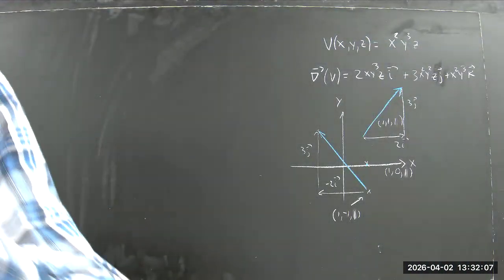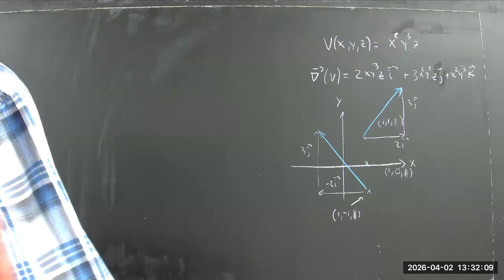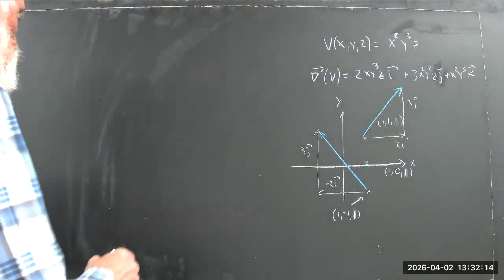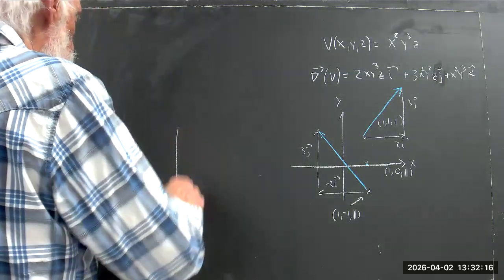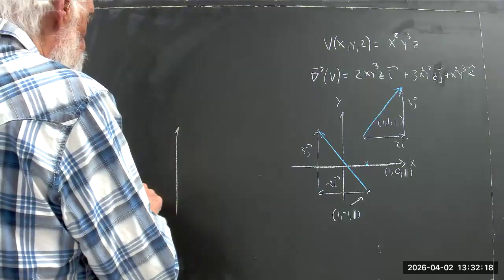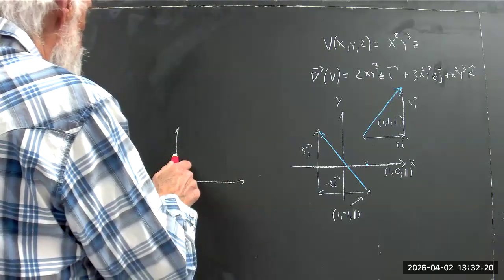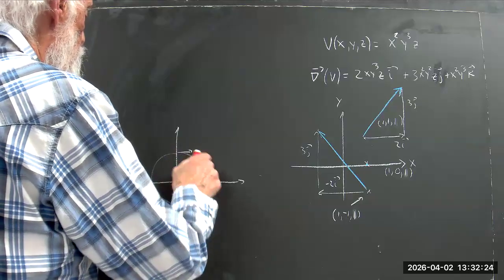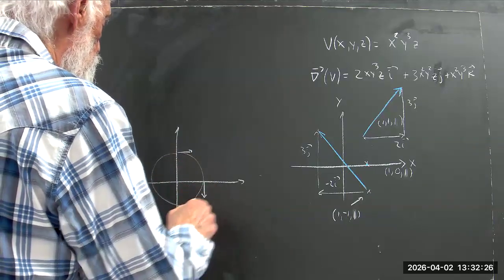Okay, you graph 100 different vectors at various points. Get an idea what the field looks like. Okay, remember the fields that I drew last time? One of them was kind of a circulating field, right?